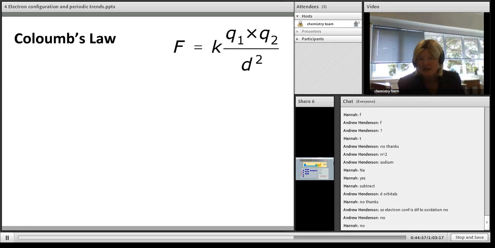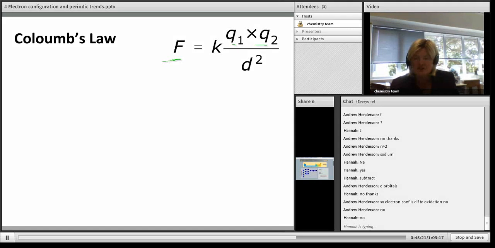So can you see the bigger the charge, what can you tell me about the force of attraction? So that's the force of attraction between the nucleus and the valence electrons, and this is the charge on the nucleus and the electrons. The bigger the charge, what can you tell me about the force of attraction? Will it be bigger or smaller?